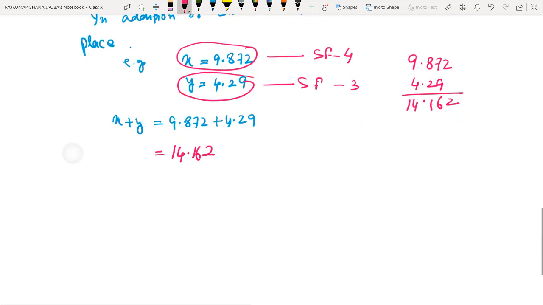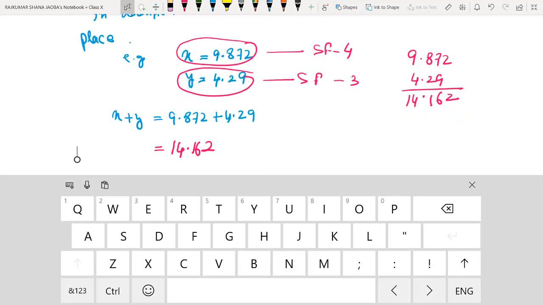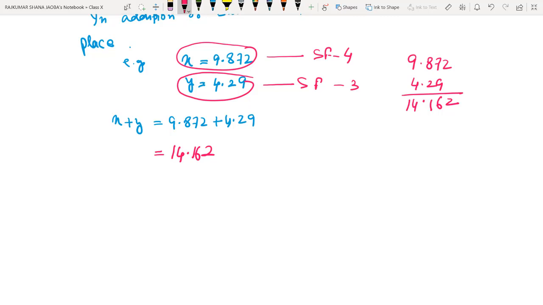So we take the least decimal place, that is 2, and write 14.16.